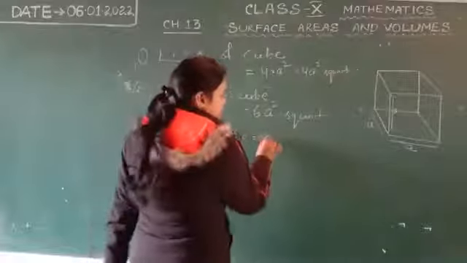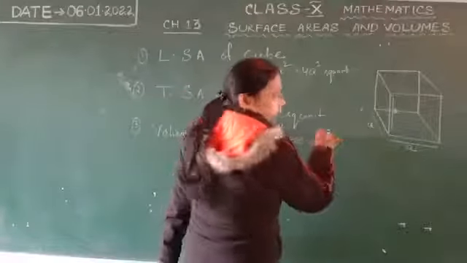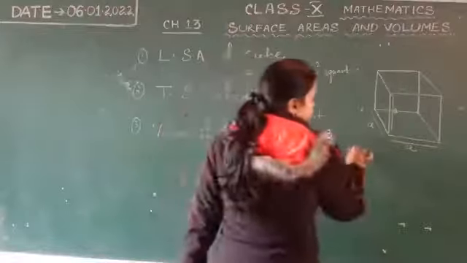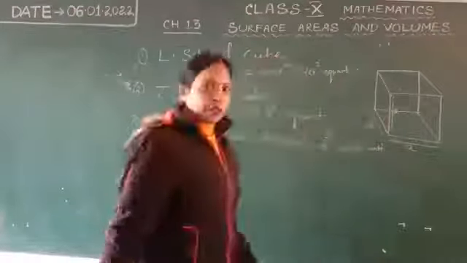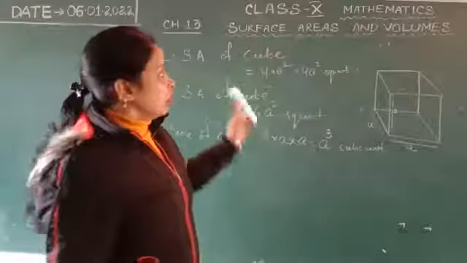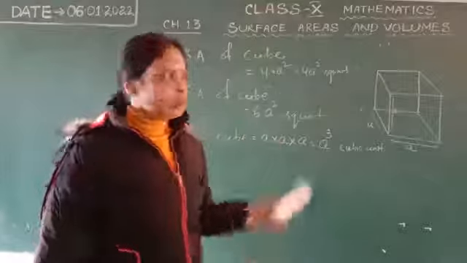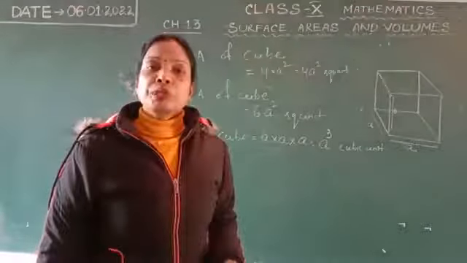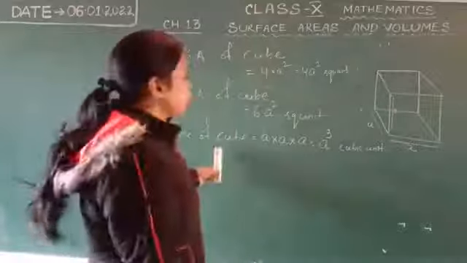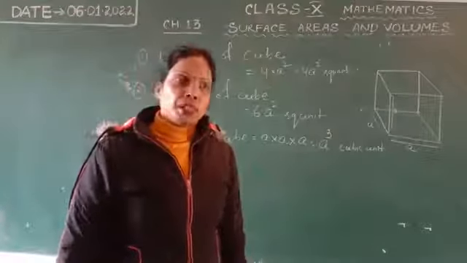So that means A into A into A, that is equal to A cube cubic unit. So I think all of you understood how to find the lateral surface area of a cube, that is 4A square, the total surface area of a cube, that is 6A square, and the volume of a cube, that is A cube cubic unit.